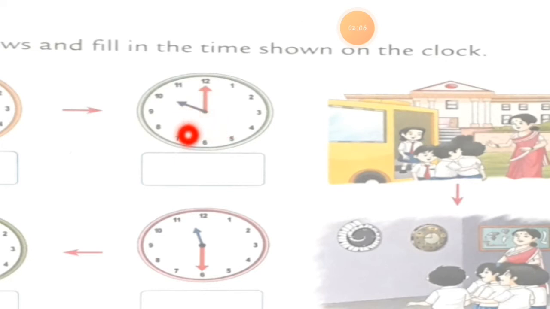See this, the short hand is pointing to 10. The long hand is pointing exactly to 12. It means 00 minutes and 10 hours.